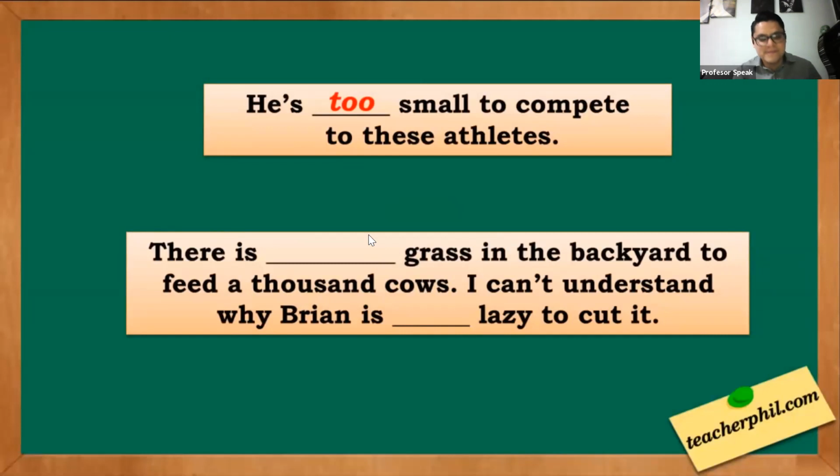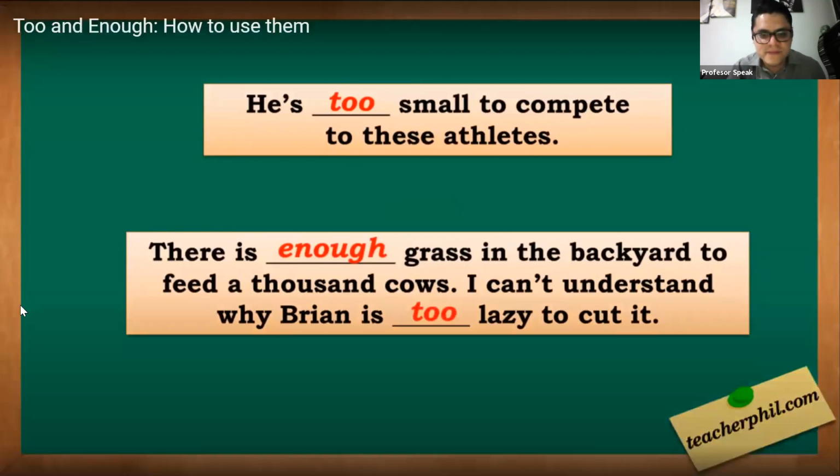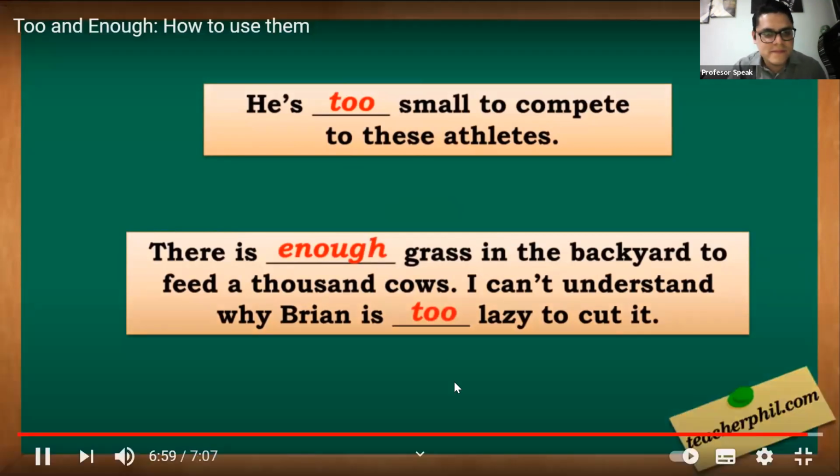The correct answers are enough and too. There is enough grass in the backyard to feed 1,000 cows. I can't understand why Brian is too lazy to cut it. Did you get them right?